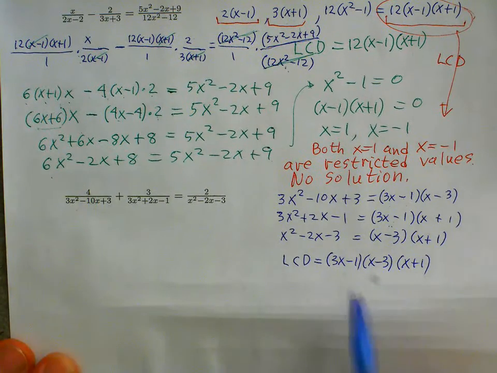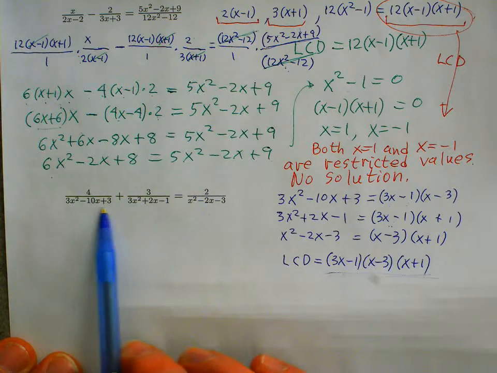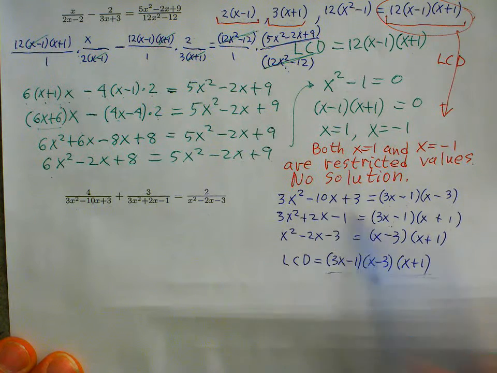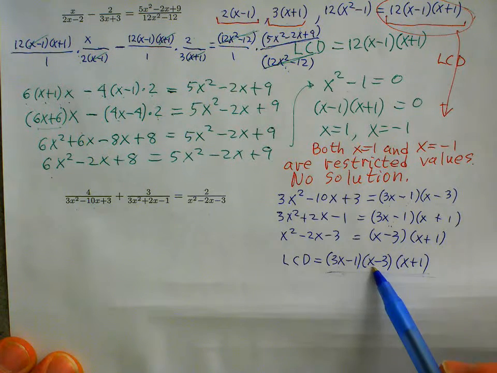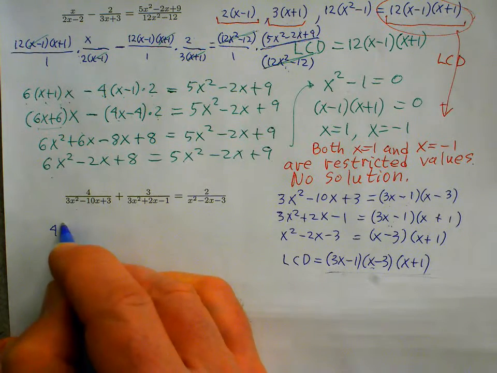Okay, when you multiply the least common denominator by the first term, 4 over 3x squared minus 10x plus 3, the 3x minus 1 factors and the x minus 3 factors cancel. So that will leave us with 4 times x plus 1.